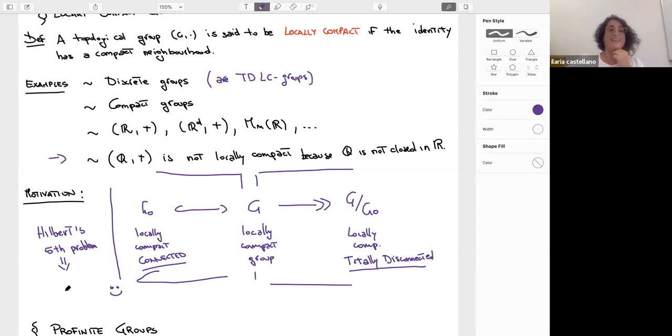brought a characterization of connected locally compact groups: connected LC groups are inverse limits of Lie groups.